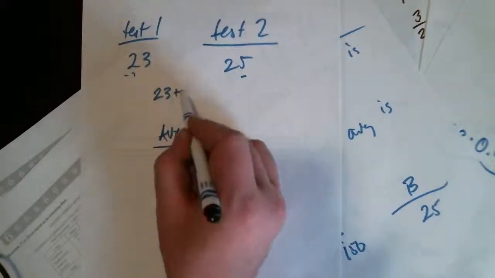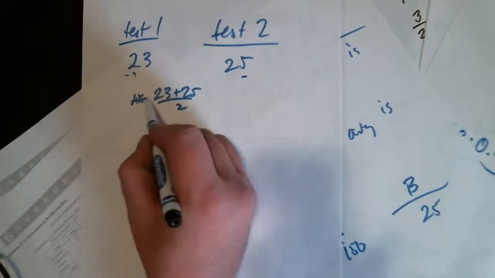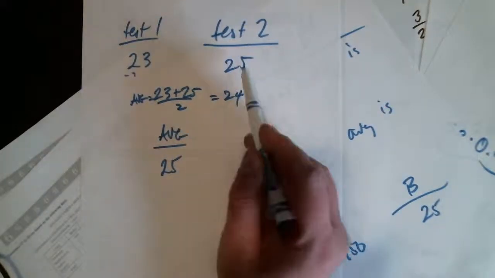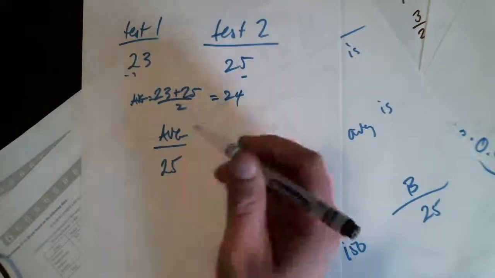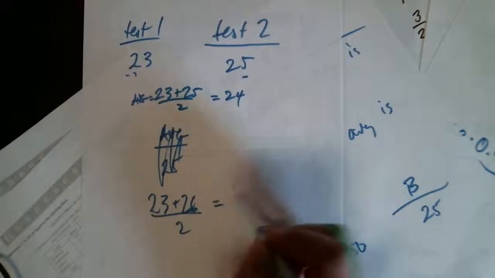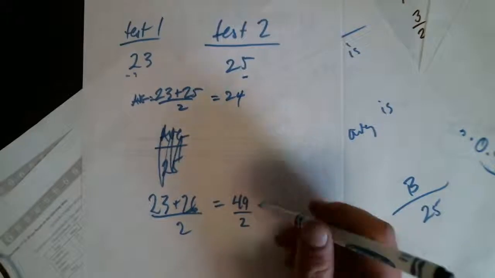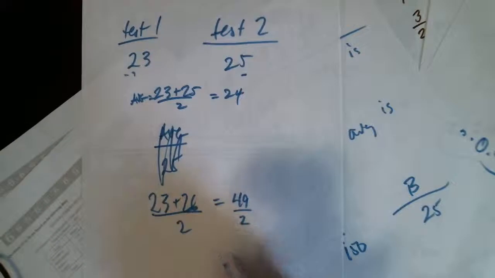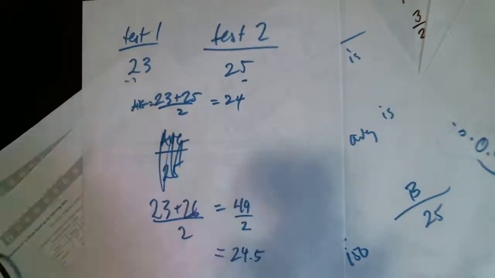It's 23 plus 25 over 2, which is going to be 24. So 25 is not high enough. Then it'll be a 26. 23 plus 26 is 49, and 49 over 2 is going to be 24.5.